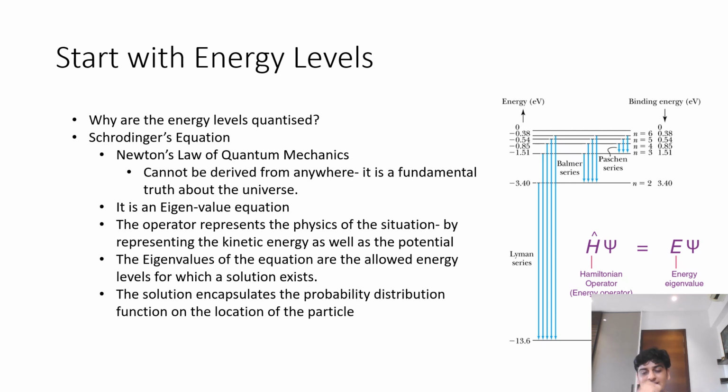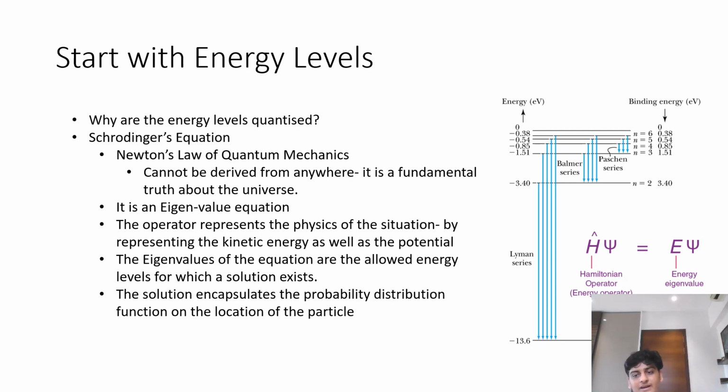What this means is that psi as a function gives you the probability of finding electrons at different locations. So again, if any of this is confusing, that's fine. I'm just trying to give some background as to why we have energy bands.